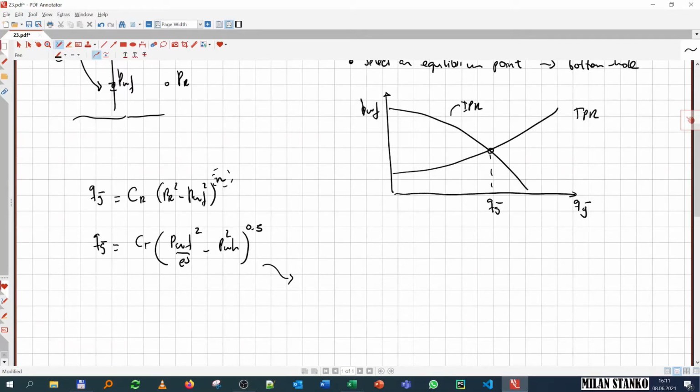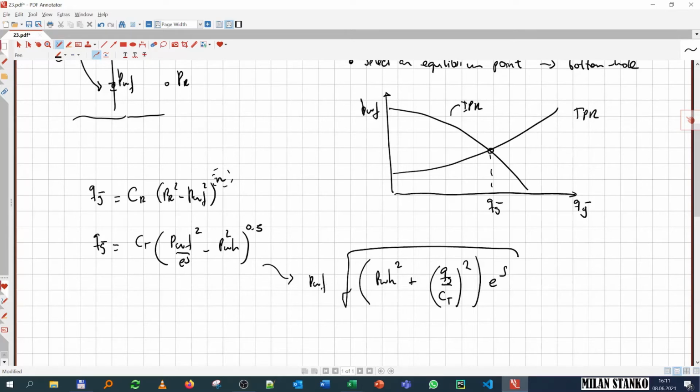So then I have that the equation is essentially PWH plus QG over CT squared, and the square root of, sorry, this times e to the S. Okay, I think it's like that if I didn't make a mistake.